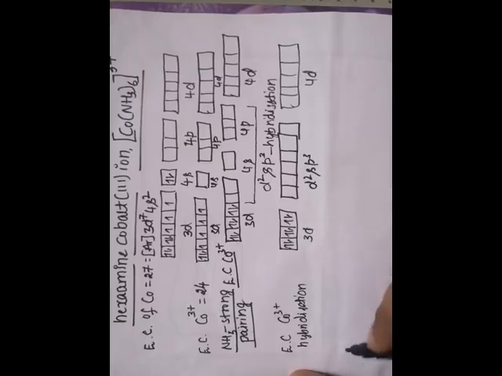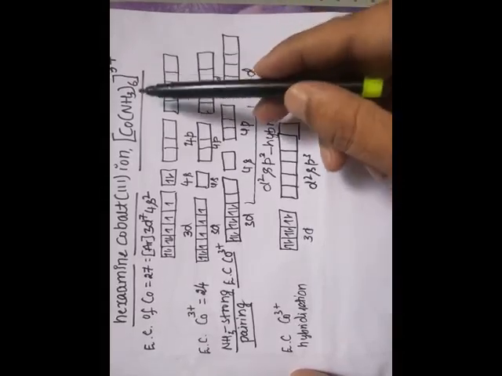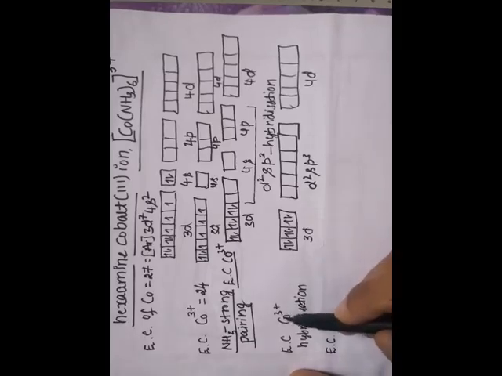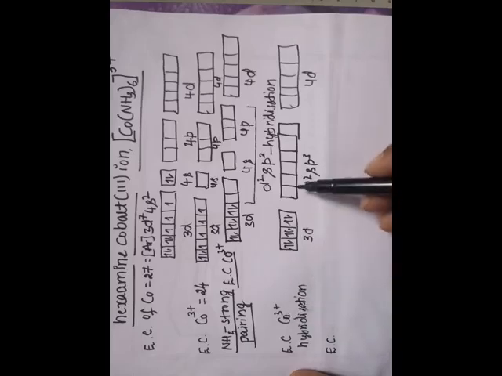Now the 6 ammonia ligands will donate 6 pairs of electrons. When the ligands donate 6 pairs of electrons to the central metal ion, the 6 electron pairs will occupy these 6 hybrid orbitals.